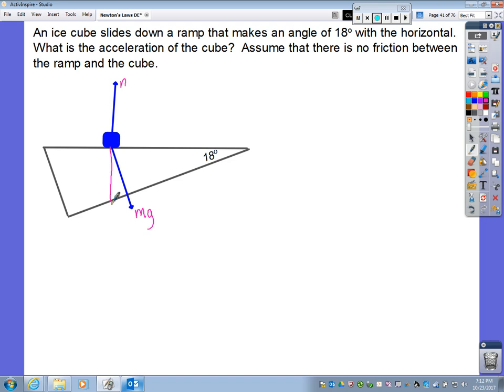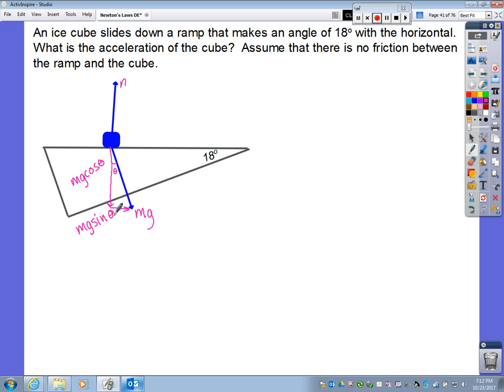So this would again be theta, 18 degrees. This would be mg cosine theta, and this part here would be mg sine theta.